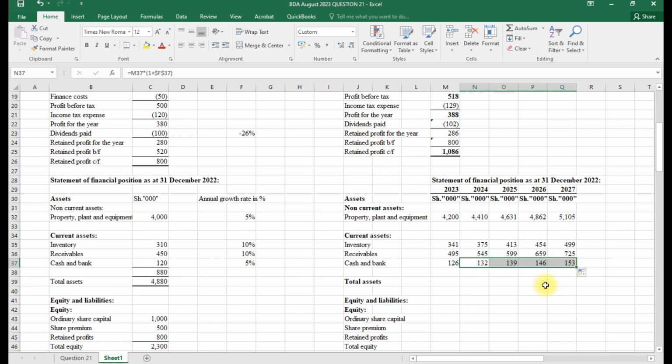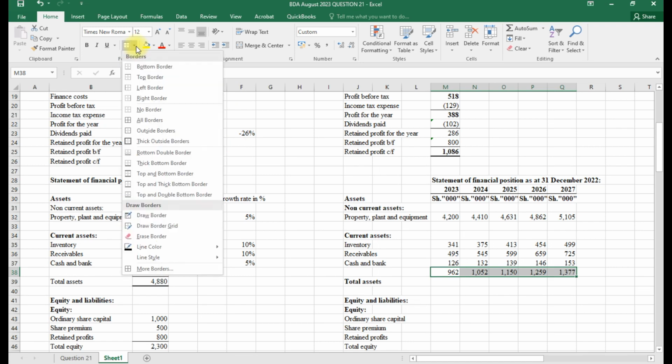So our current asset, alt equals, enter, yeah, that way. Can put top and bottom border.